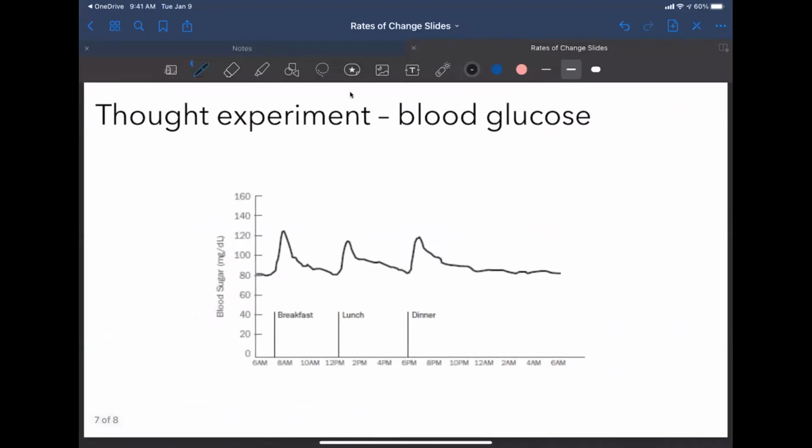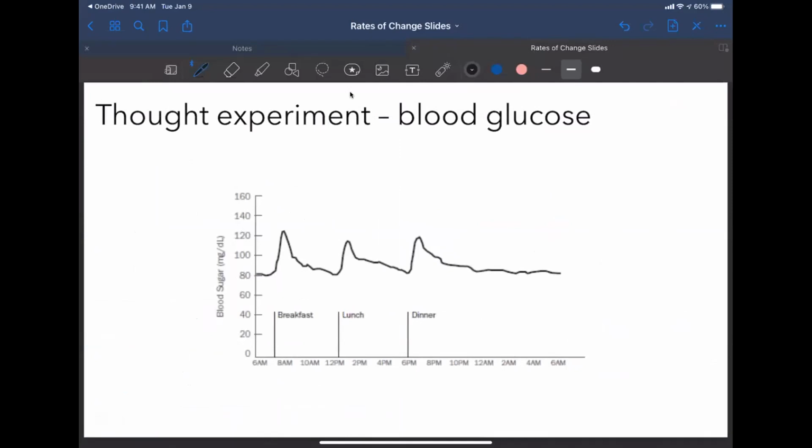Another biological example that I want you to think through is the levels of blood glucose over time, and the rate of change in blood glucose concentration over time. Just as a refresher, blood glucose is the amount of glucose, or sugar, in the blood.